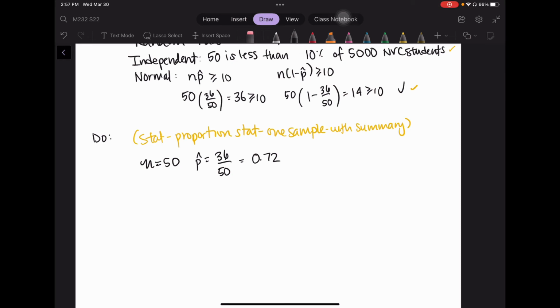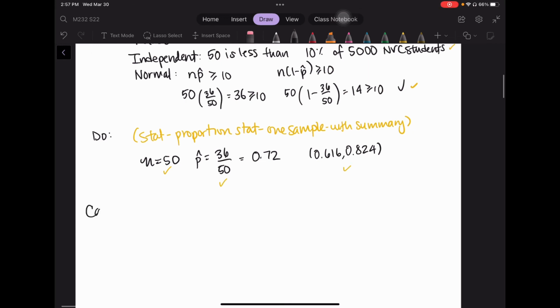And then I'm looking at the L limit and U limit, that's lower limit and upper limit. The lower limit was 0.616 rounded to 3 decimal places and the upper was 0.824 rounded to 3 decimal places. Let's verify I have everything that I need in the do. I've got my n, I have my p hat, and then I have my confidence interval, the lower and the upper. So we're good. Now we can move on to our conclude.